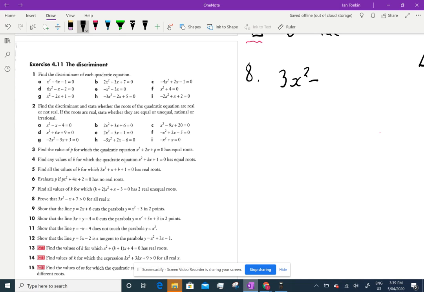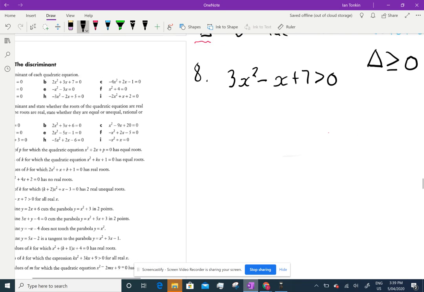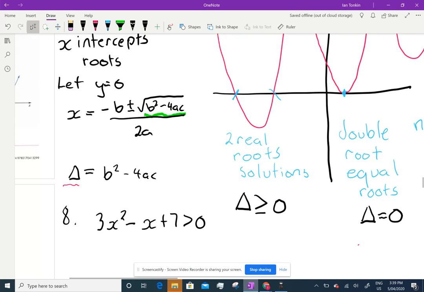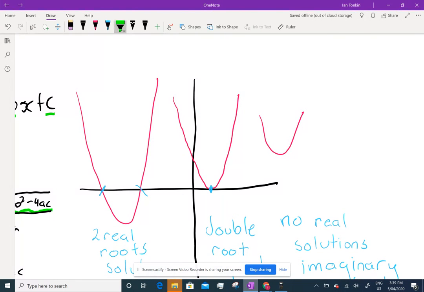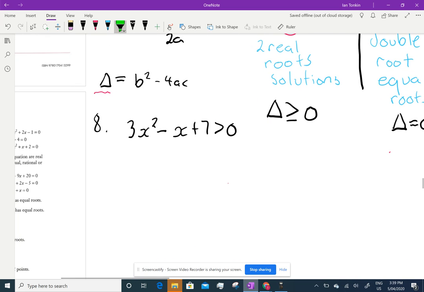They're asking for us to prove that this is going to be one like this here, that it's always above 0, that the parabola exists only above the x-axis. So for us to prove that, we just have to show that the discriminant is negative.